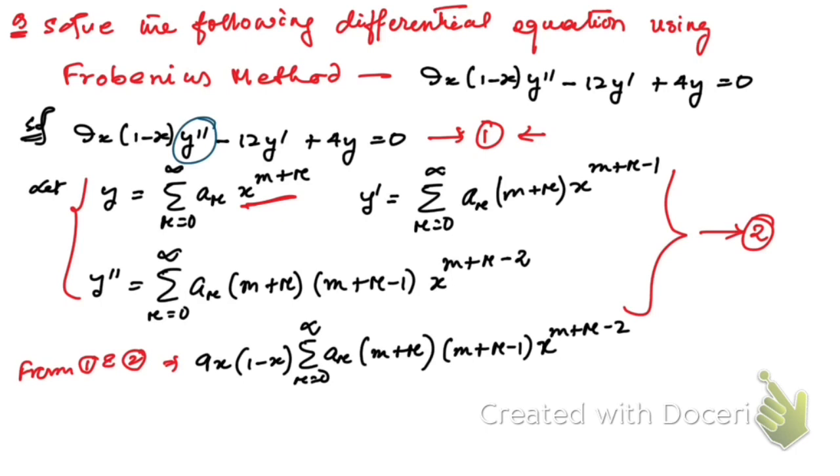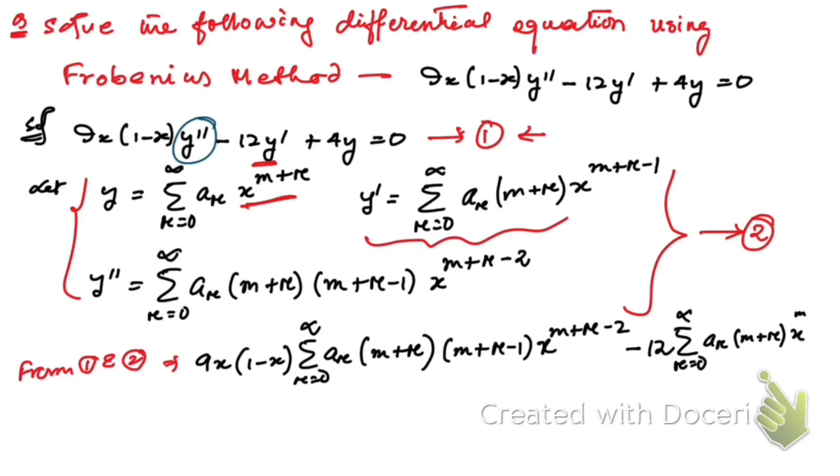Now replace y dash by this expression, then 12 summation r equal to 0 to infinity a_r, m plus r, into x to the power m plus r minus 1, that's what you will get.